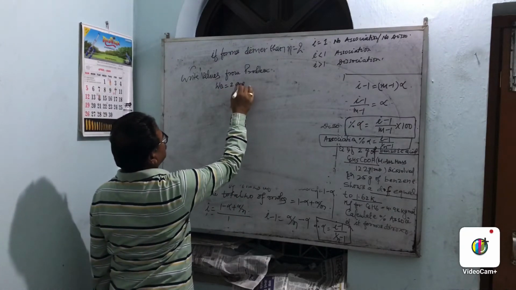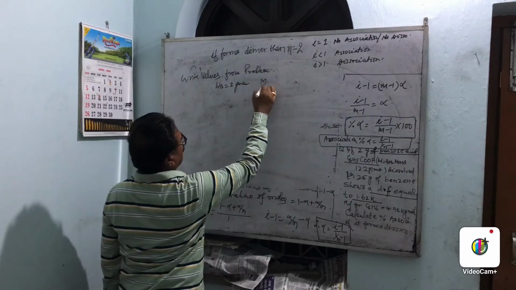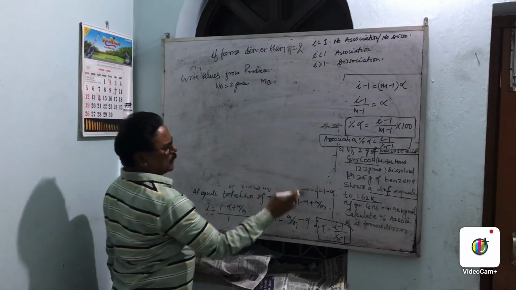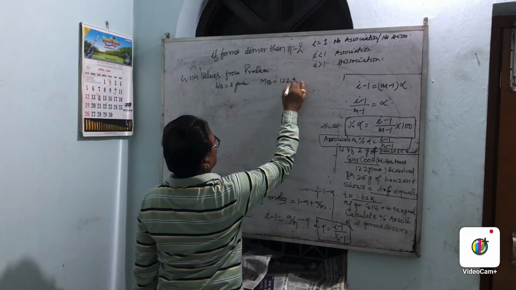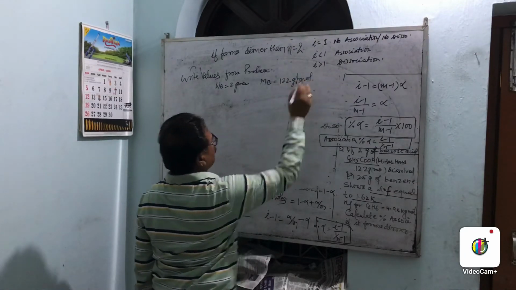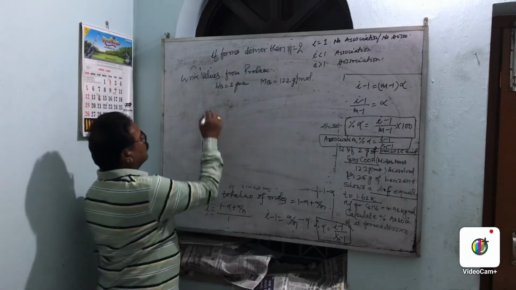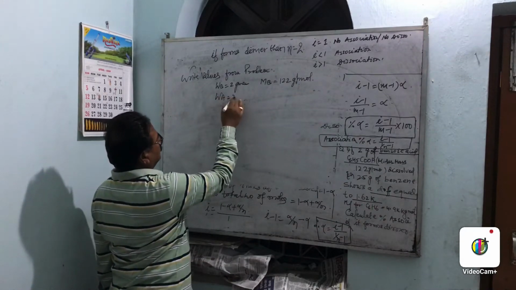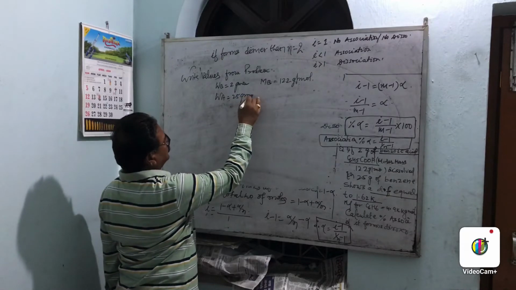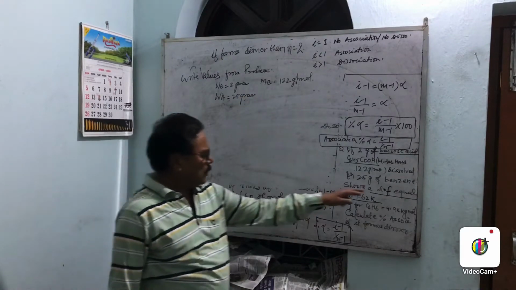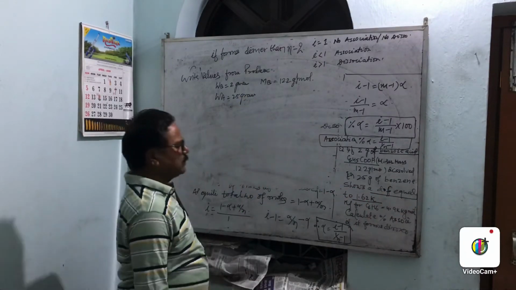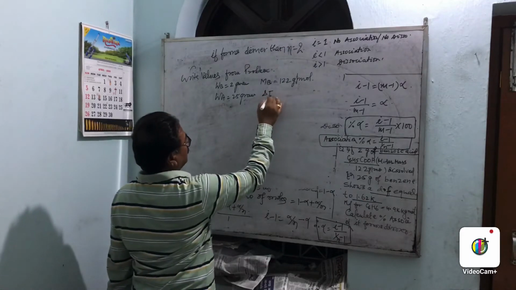Its molecular mass Mb is given in the question in gram per mole, always molecular mass in per mole. Dissolved in 25 gram of benzene, Wa is benzene, 25 gram. Benzene shows a depression in freezing point.